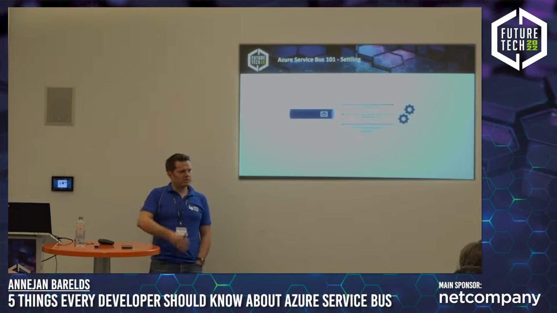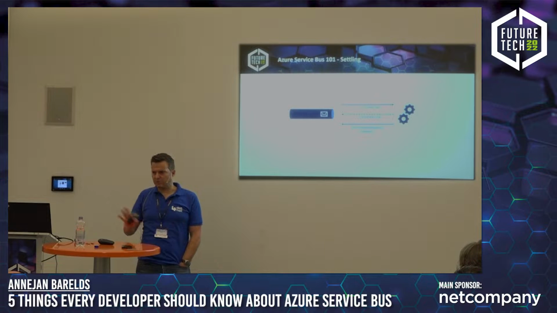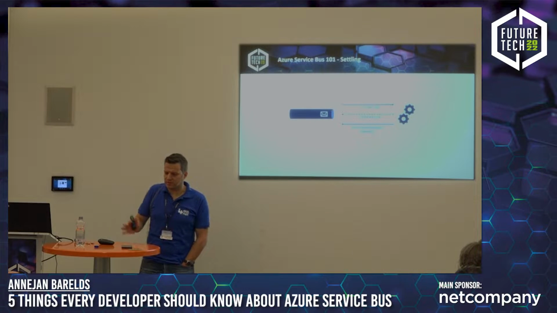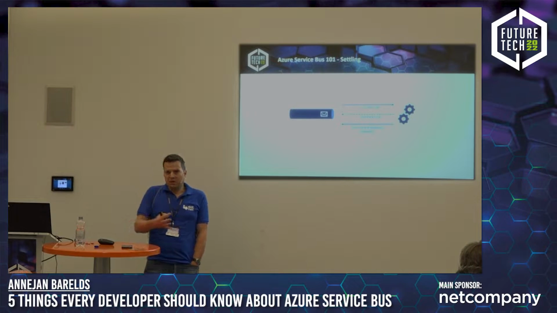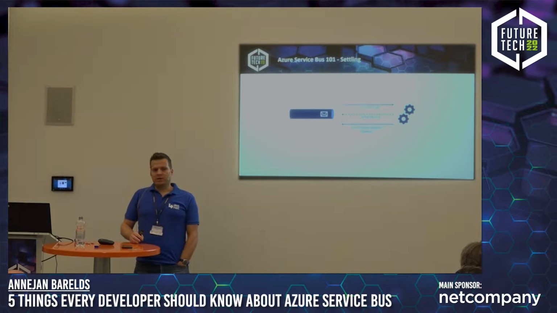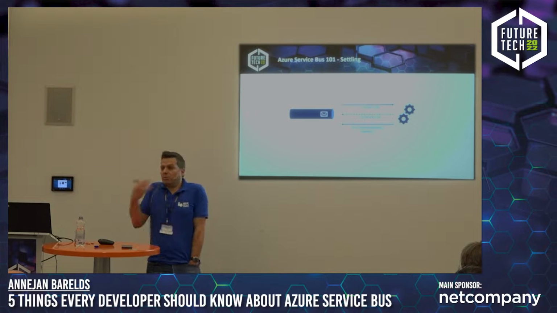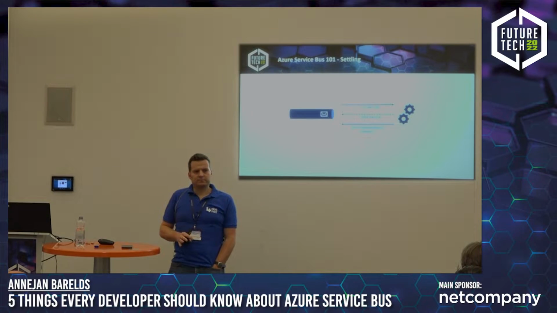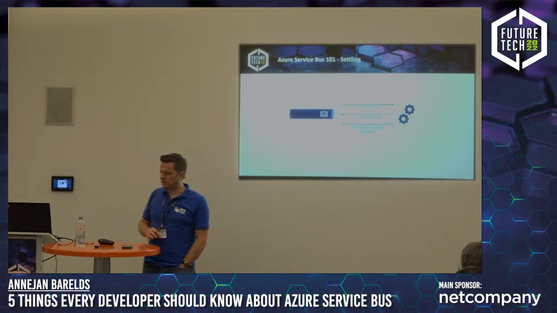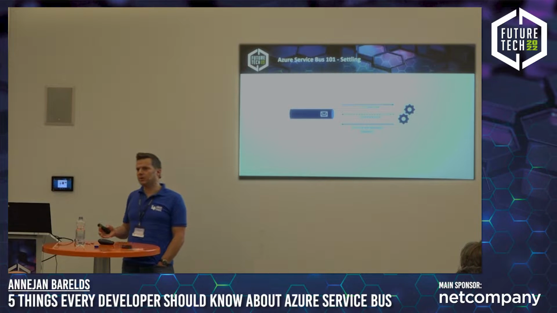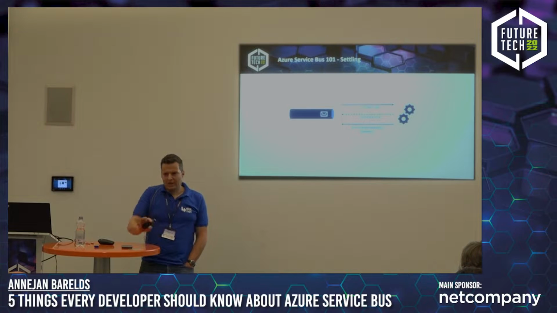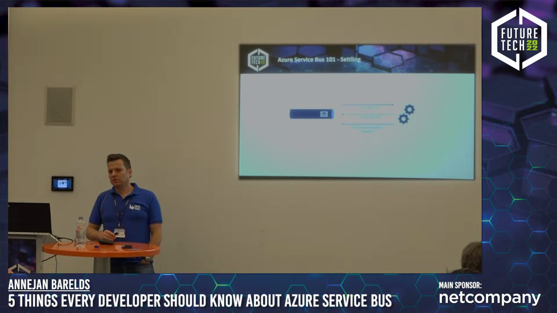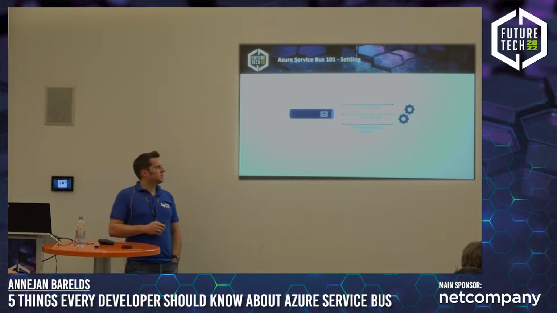Settling means completing the message, saying, okay, I'm done. I've successfully seen this message, and you can take it off now. You can also abandon the message, which is basically saying, this is a properly formed message, and someone in the future may be able to handle it. Maybe I will be able to handle it in the future, but not now. So I'm abandoning this. Let someone else try. Or you could dead letter it, saying, well, I'm not able to handle it, and no one is, so let's put this one aside. Let's not have that message block subsequent messages. So that's settling.